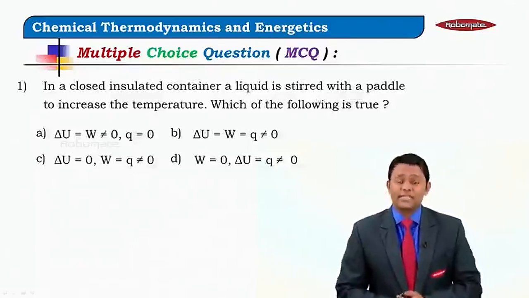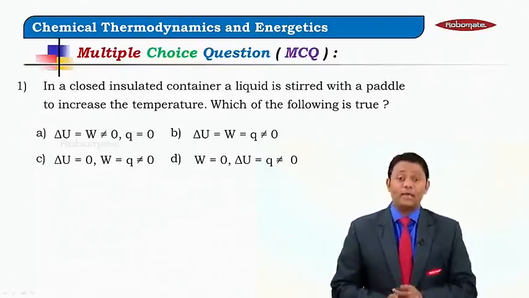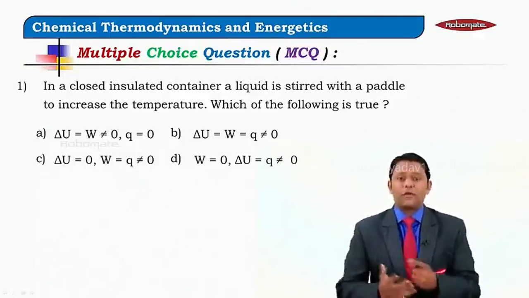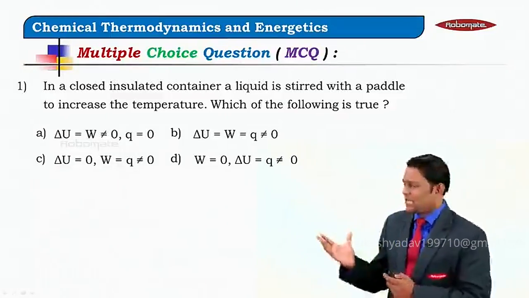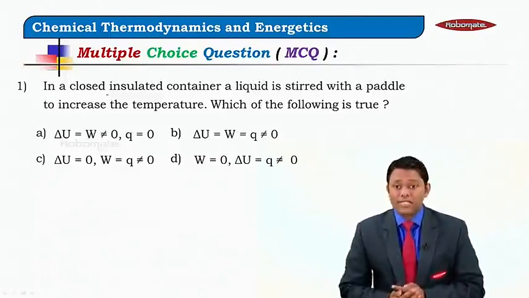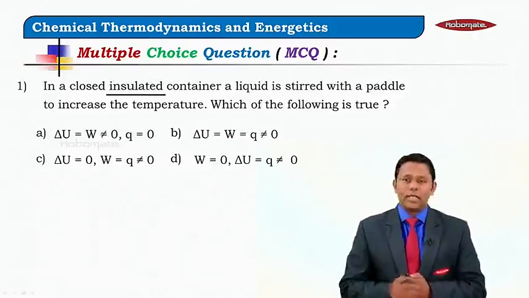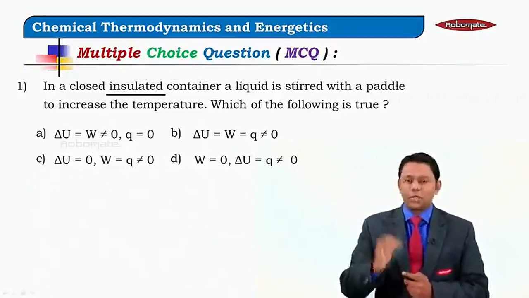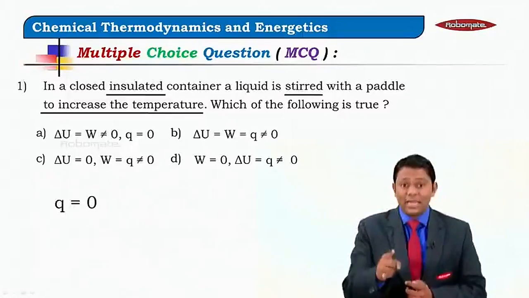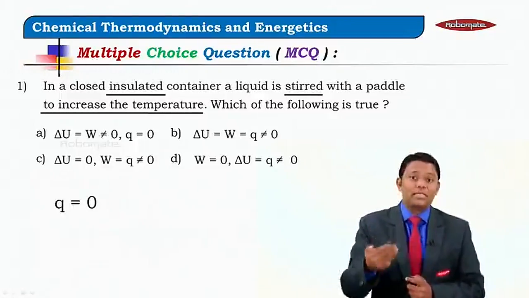Let's quickly take certain MCQs. The first question says, in a closed insulated container, a liquid is stirred with a paddle to increase the temperature. Which of the following parameters are true? And there are certain sets of parameters. Let's once again take a close look at the question. A question says insulated container. Whenever the system is under insulated condition, that means Q is equal to 0. If you check the second term, that is stirred to increase the temperature.